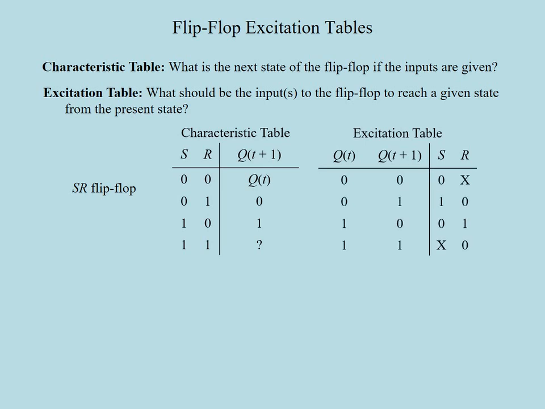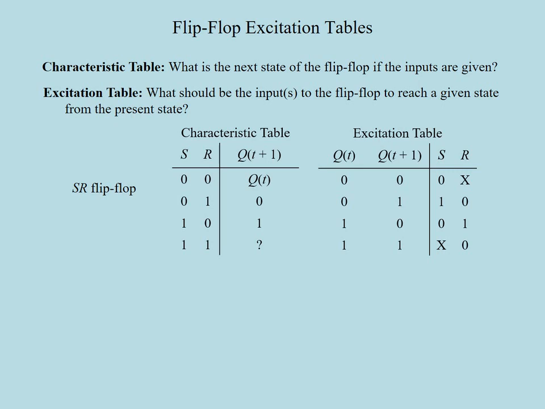If the state is 0 and should be kept at 0 when the next clock pulse arrives, the set input must be 0. As we can read from the first two lines of the characteristic table, the R input can be 0 or 1, because for R equals 0, the flip-flop will keep its present state, which is 0, and for R equals 1, it will reset its state to 0 regardless of the present state.